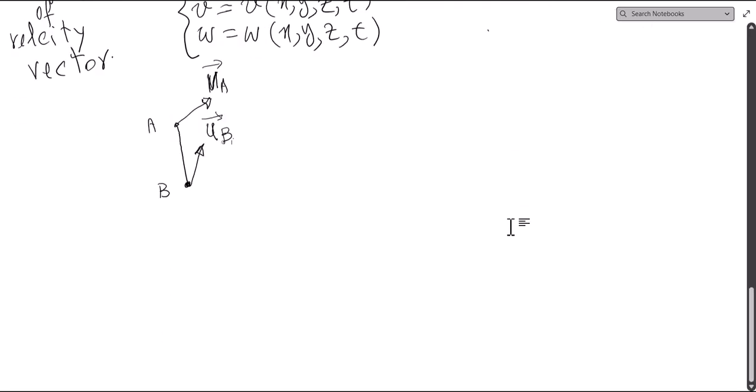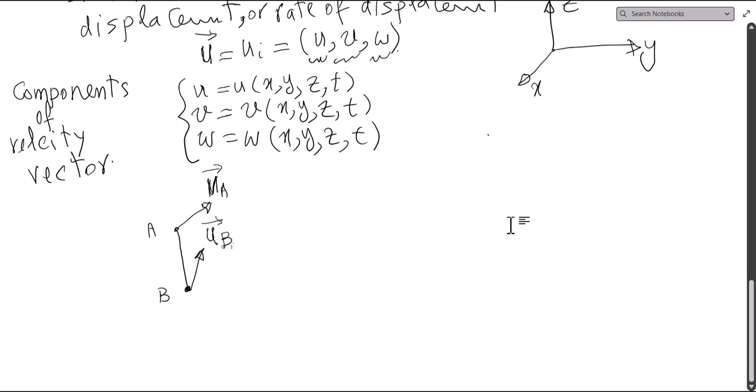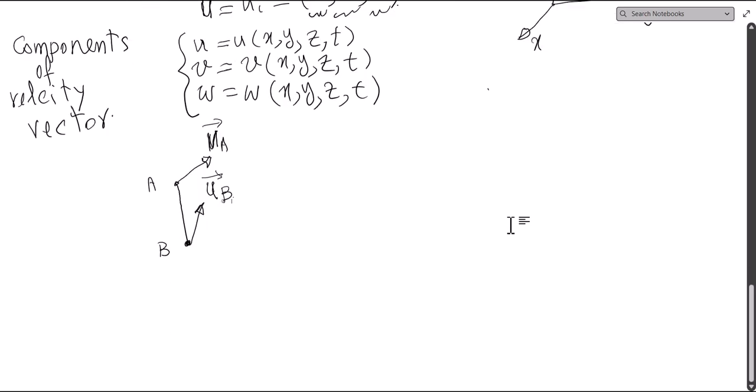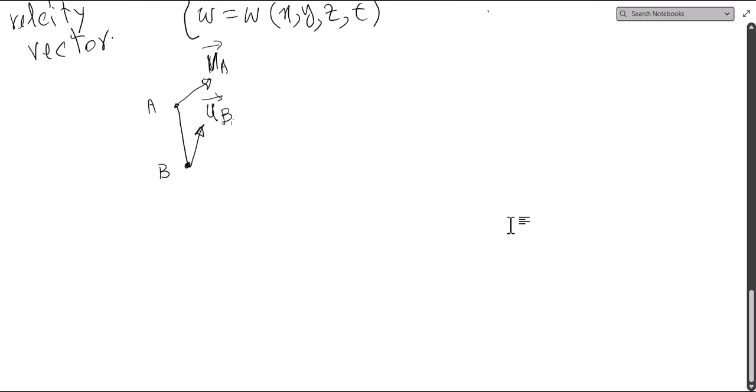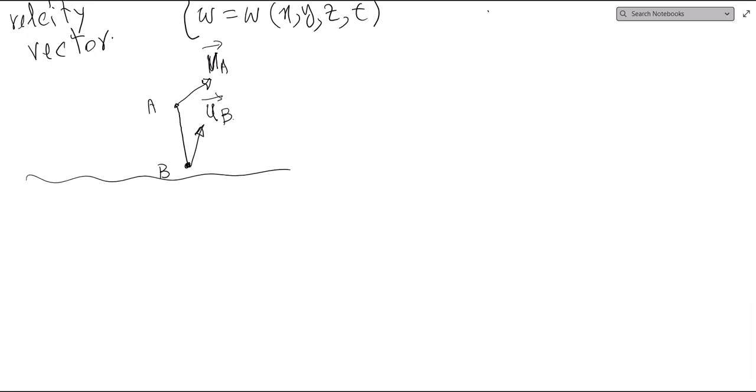Now we come here and consider our coordinate system, and I draw it again here, maybe on a bigger scale. This is my x, this is my y, this is my z.